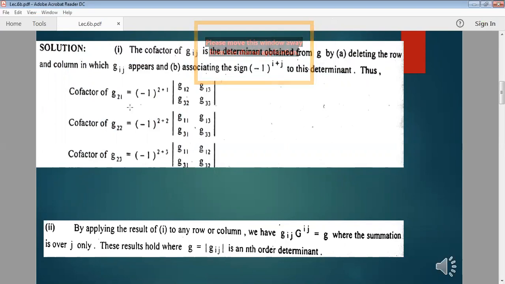Thus the cofactor of G21 is (-1) to the power 2 plus 1, meaning we are using the second row, first column. This term is the determinant of this particular one, and the cofactor of G22 is (-1) to the power 2 plus 2, meaning second row, second column entry. We eliminate the second row and second column, so the remaining elements are G11, G13, G31, G33, and similarly the cofactor of G23 is (-1).